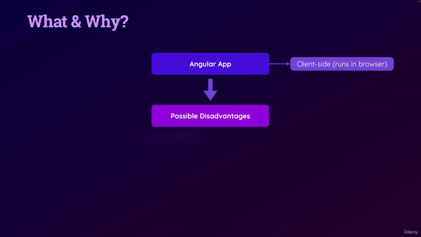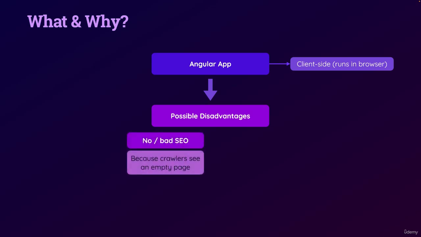Most importantly, it impacts search engine optimization. You have no or almost no search engine optimization when building Angular apps just like that, because web search crawlers, like the Google crawler, can't really see the content of your website. They basically see an empty page.